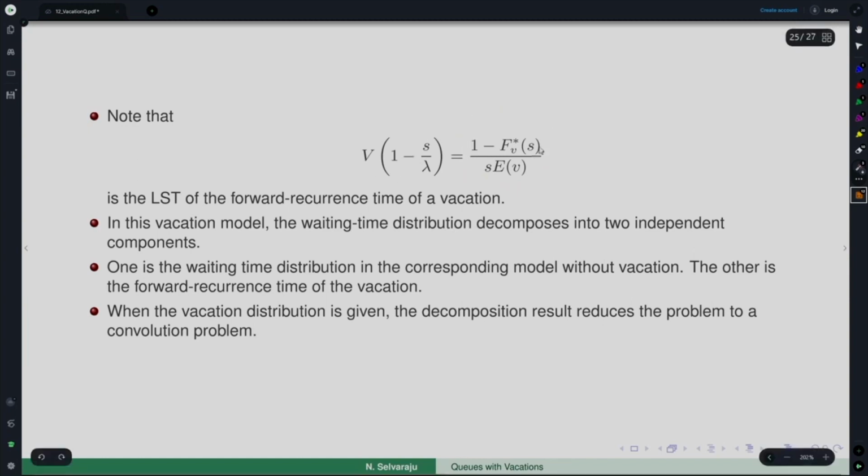So again we see the waiting time distribution decomposed into two independent components. One is the waiting time distribution corresponding to the model without vacation, the other is the residual vacation related component. When the vacation distribution is given, this decomposition result reduces to a convolution problem which you can solve.